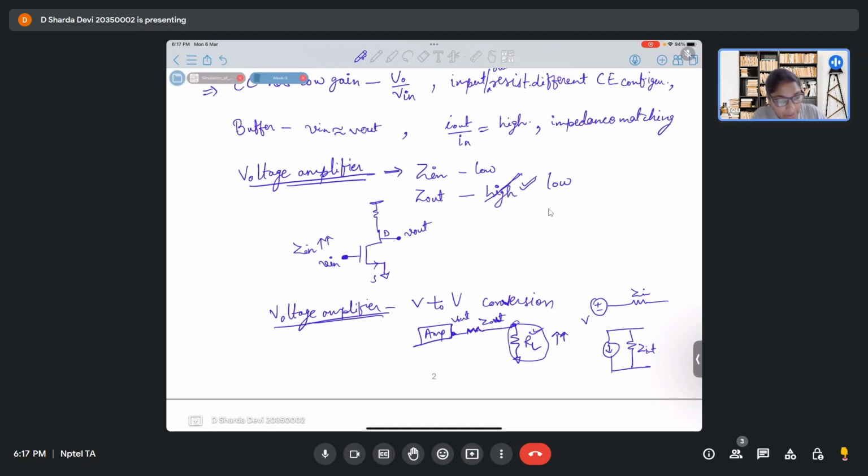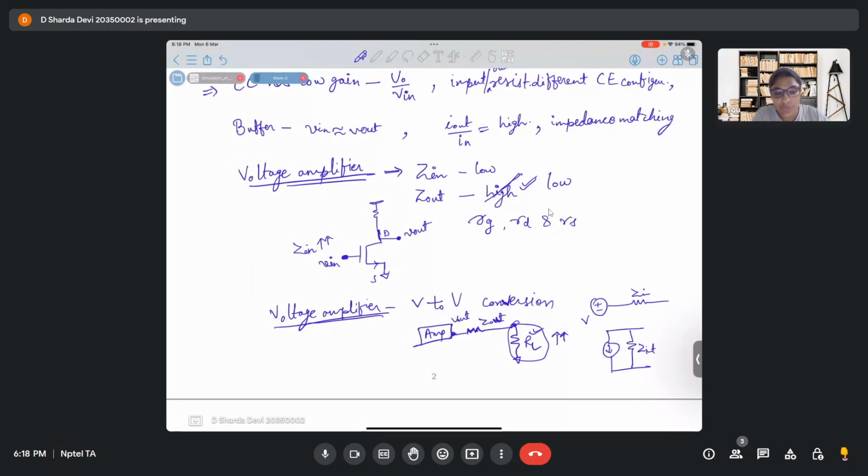And what about V out? What about RD? RD should be low. So do you know the relation between RG, RD and RS? How they are related to each other? Or at least what is the trend they follow? Which one is largest, which is smallest?